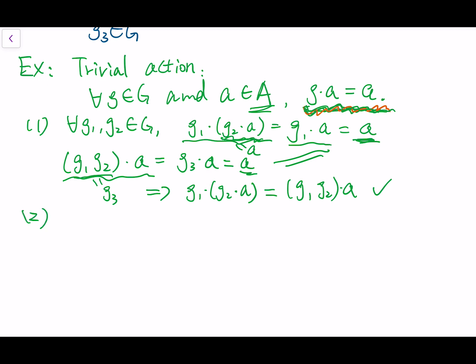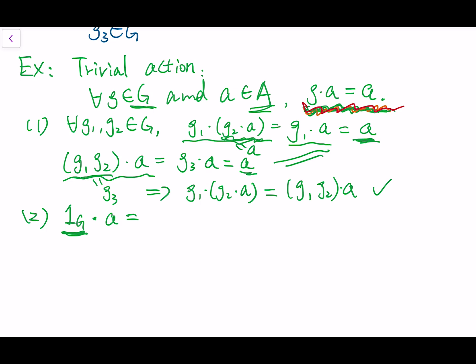Okay, and for the second one, for the identity element, we call it 1_G, dot any element A from the set A. Because the identity element is also one element of the group G, it should satisfy this trivial map property as well.